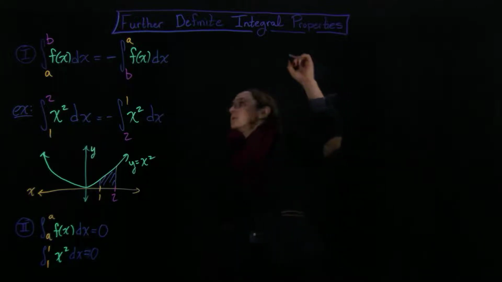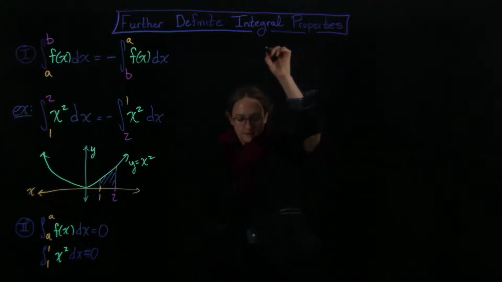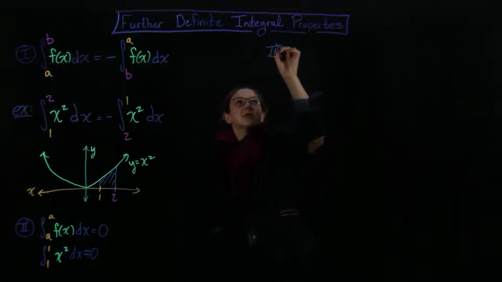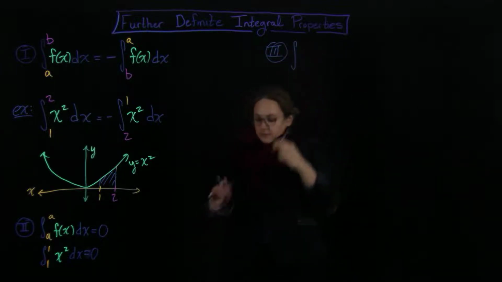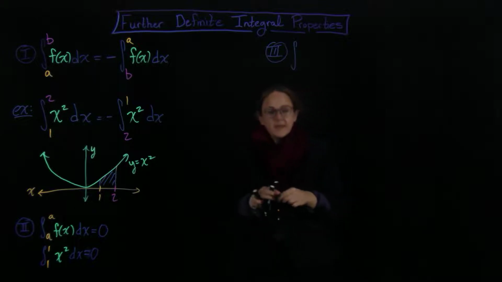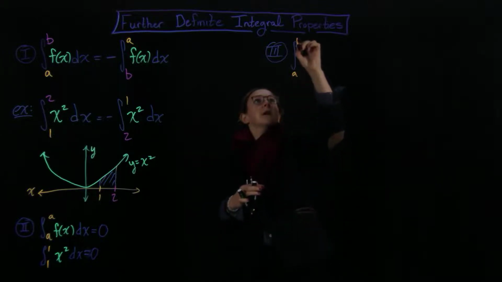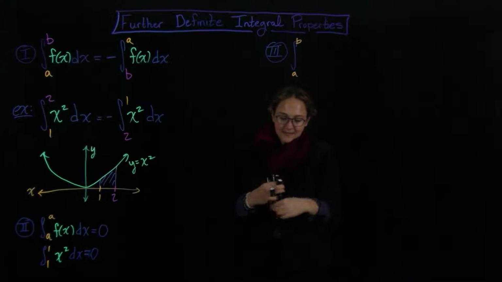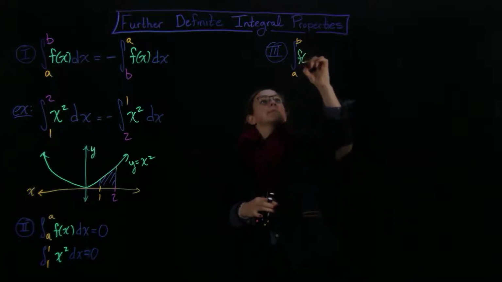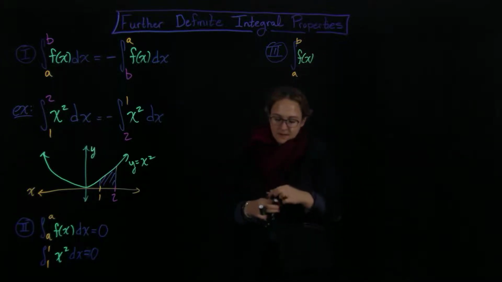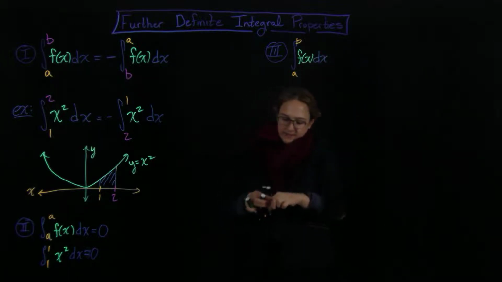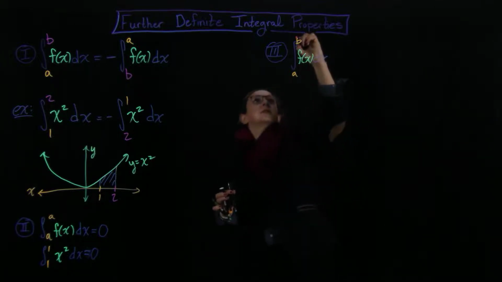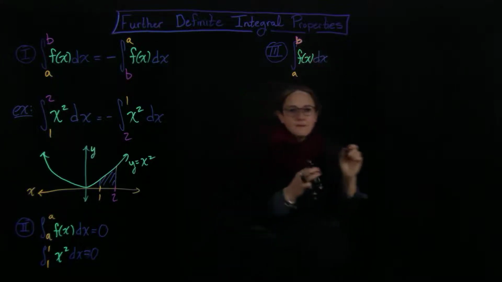Okay, so let's do one more. This one, the picture also could really illuminate that you would guess this. If I had the integral from a to b of f of x dx, oops, I wanted to make that red so that you could see how these might match up. So this is a to b, nice and red, of f of x dx.